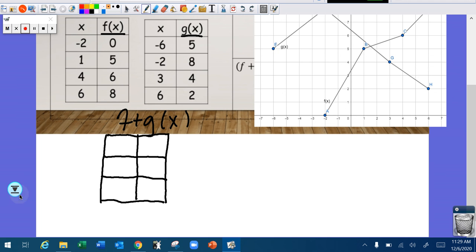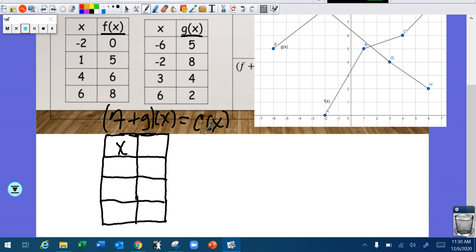And we'll do about 4. We'll do the same many that's on the table. Okay, so what we'll do is we'll call this my x value. And f plus g of x, we're going to name it a new function, and we're going to call it c of x, or you can call it whatever you want to.